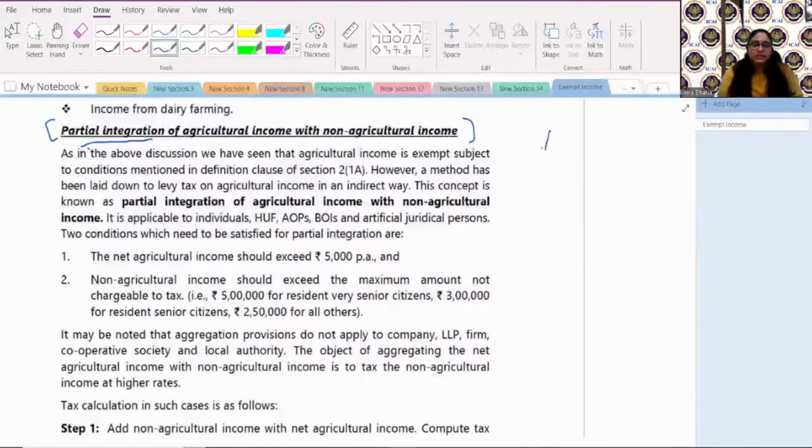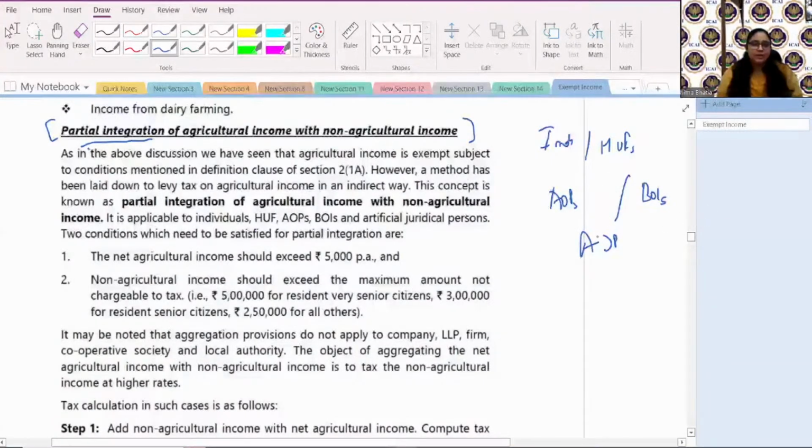Who are those assessees? Individuals, HUFs, AOPs, and BOIs. These are those assessees and artificial juridical persons on which slab rates are applicable, correct? So only on those assessees this concept of partial integration came in.